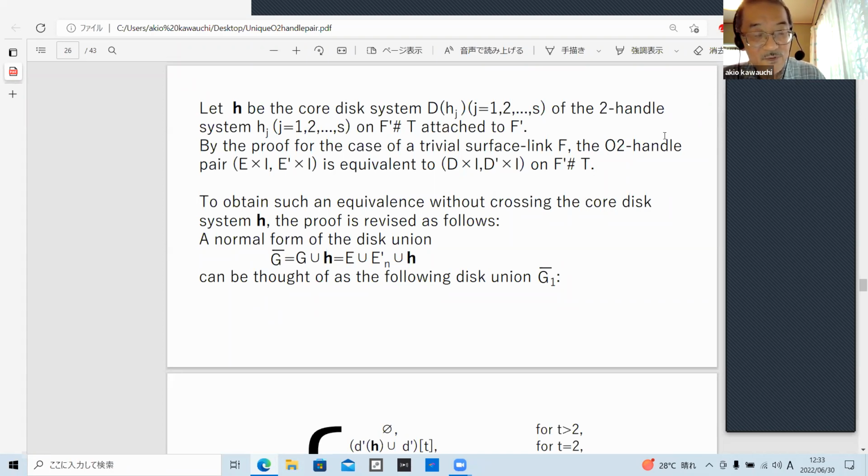To obtain such a result, the proof is revised as follows. The normal form of the disk union, E dash N and this two handle, is written G bar.